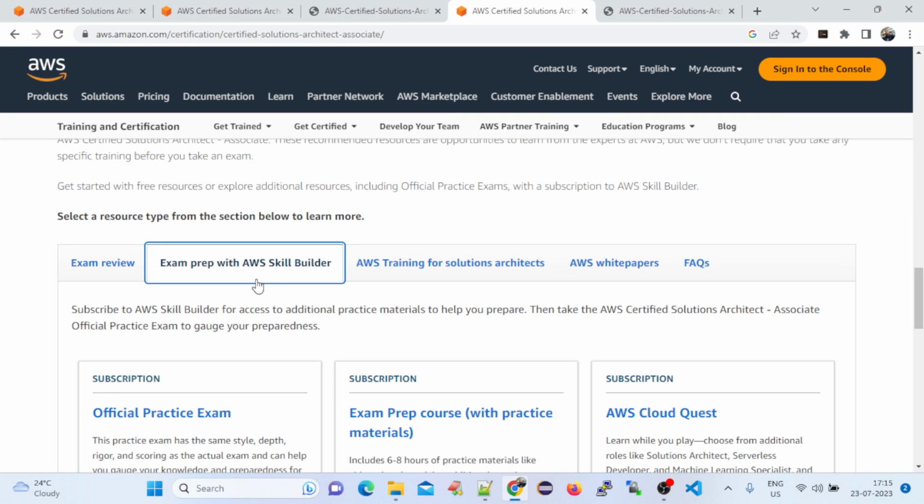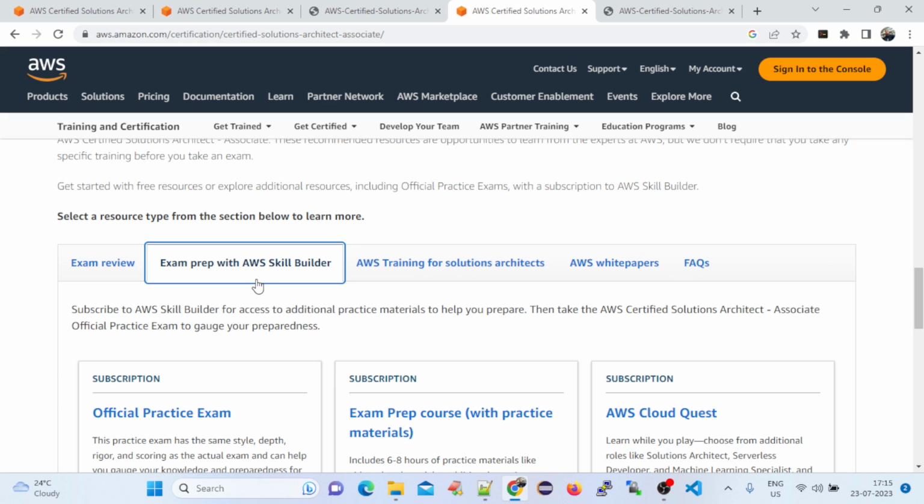That is the reason I would suggest, please take your own time to understand each and every concept and each and every service mentioned as part of the in-scope services. Please revise accordingly. Please plan for your exam and also do practice more. This is one of the main things, and it will be very useful at the time of examinations.